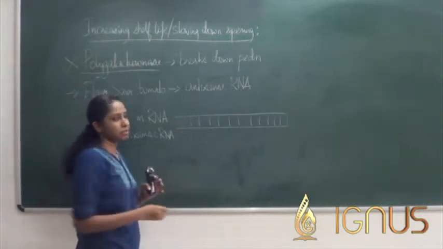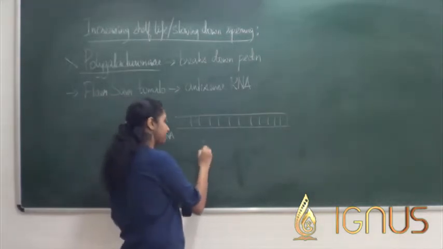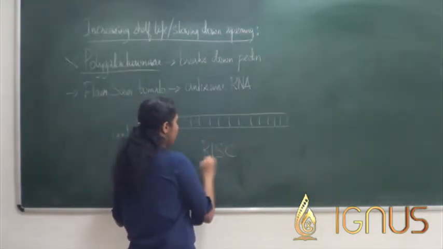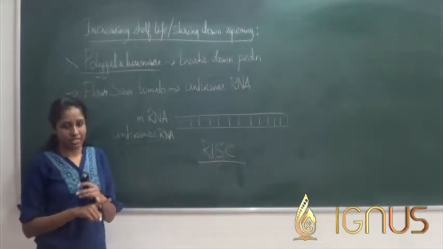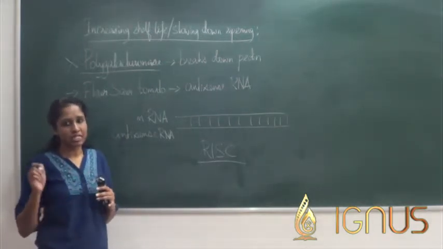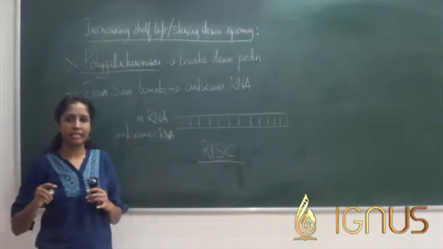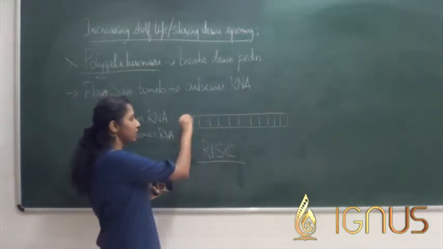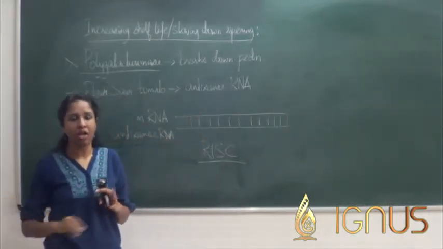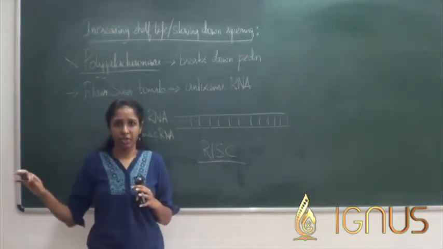Now, because this is double-stranded, it can also trigger the RISC complex, which we have already spoken about. It is not that it always triggers the RISC complex, but once in a while it can. So RNA silencing majorly works by the fact that the mRNA is not going to be available to be attached to the ribosome and for translation to occur.